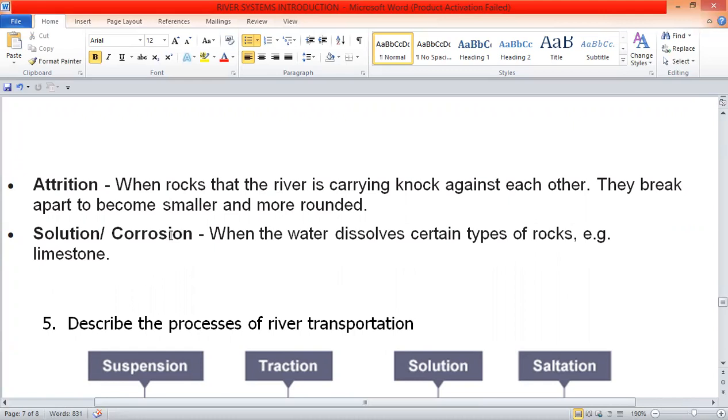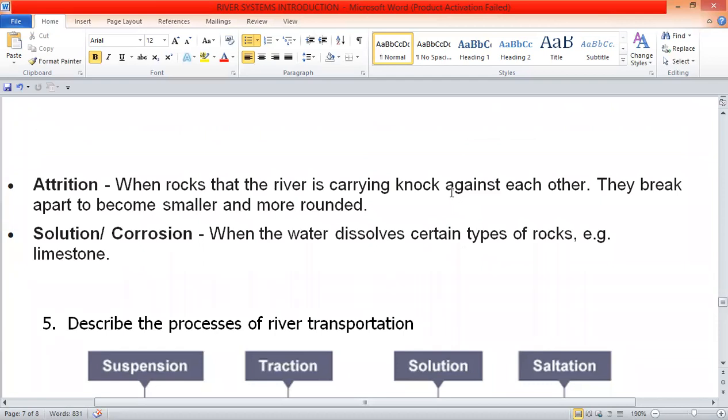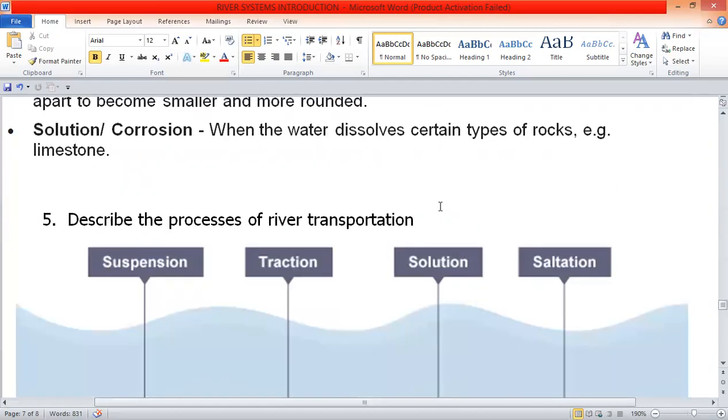It is when the water dissolves certain types of rocks, such as limestone. Soluble parts of the rock are dissolved and transported, and the size will be reduced into very fine ones.